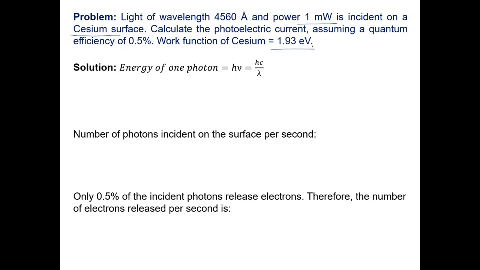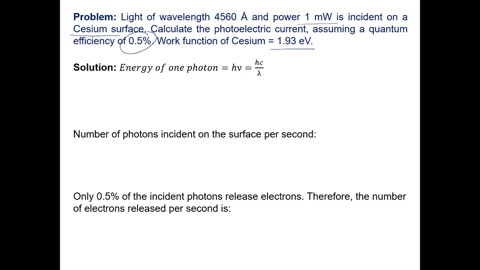Okay, so what do we have here? We have the power of the light source, the wavelength, the work function, and we also have a term which is the quantum efficiency. The quantum efficiency tells how many photons are going to give you the photoelectric current or photocurrent.